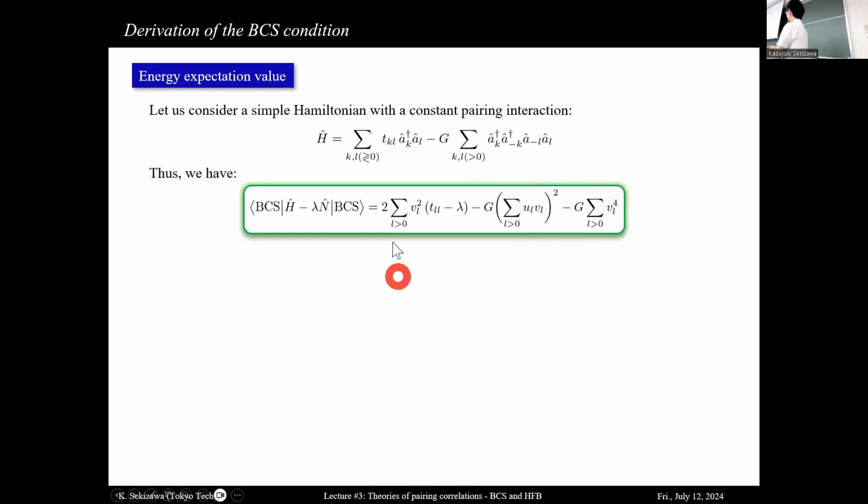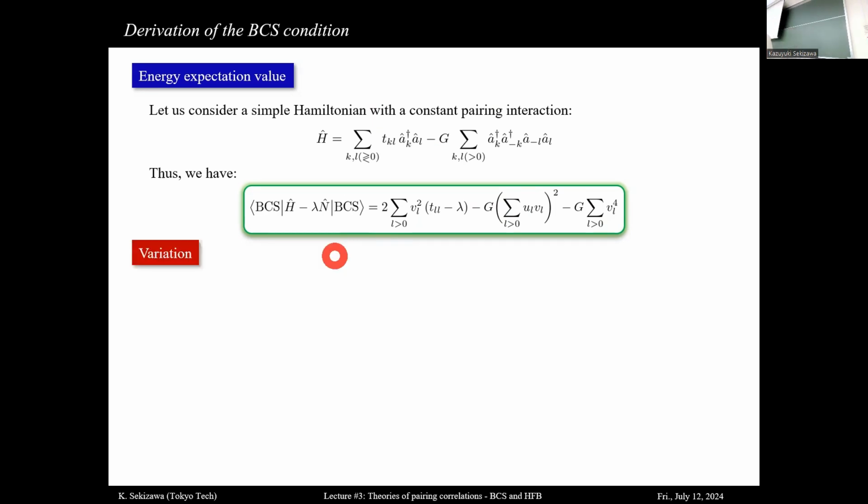And now we introduce this constraint, or some Lagrange multiplier, minus this lambda, to fix the particle number expectation value. Without this, we cannot get specific particle number states. But in this way, by adjusting this lambda, this Lagrange multiplier, we can control the particle number expectation value.